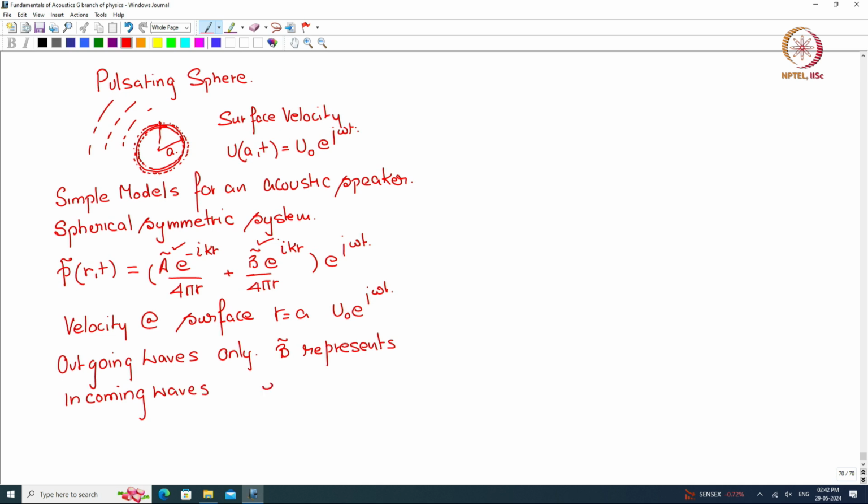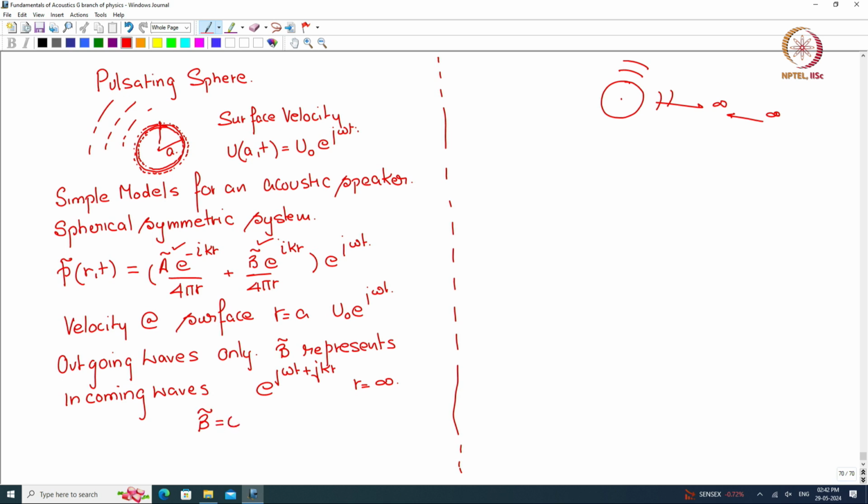It has e to the power of j omega t plus j k r, and so these are incoming waves from r equal to infinity. And since the source exists only at r equal to 0, a sphere pulsating centered on r equal to 0, waves will go only outward to infinity, nothing will come back from infinity, and therefore B tilde is 0.